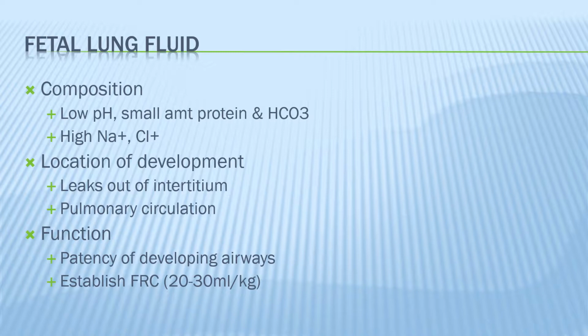Without the fluid, the airways would fuse together and be closed. It also helps establish the functional residual capacity, with about 20 to 30 milliliters per kilogram of fluid in the lungs at term.